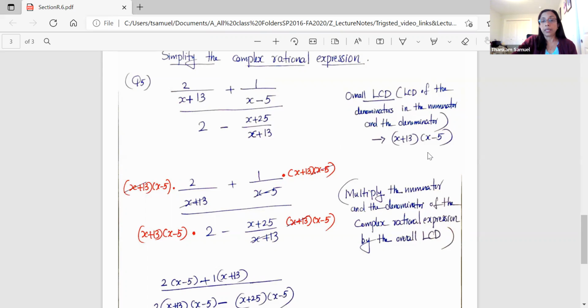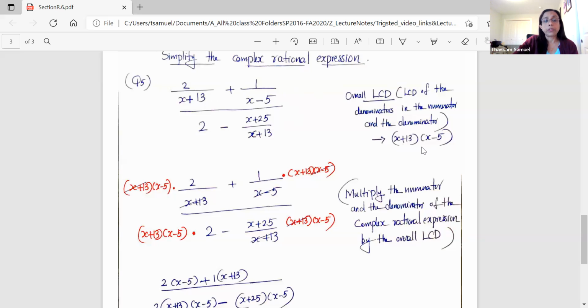The overall LCD is the product of prime factors from the denominators, and it is completely divisible by each of these denominators. So the overall LCD is x plus 13 times x minus 5.